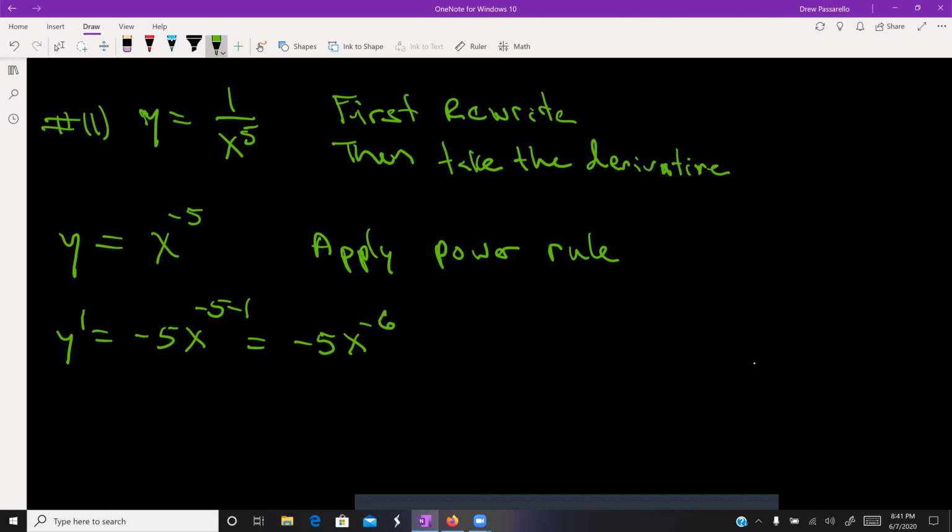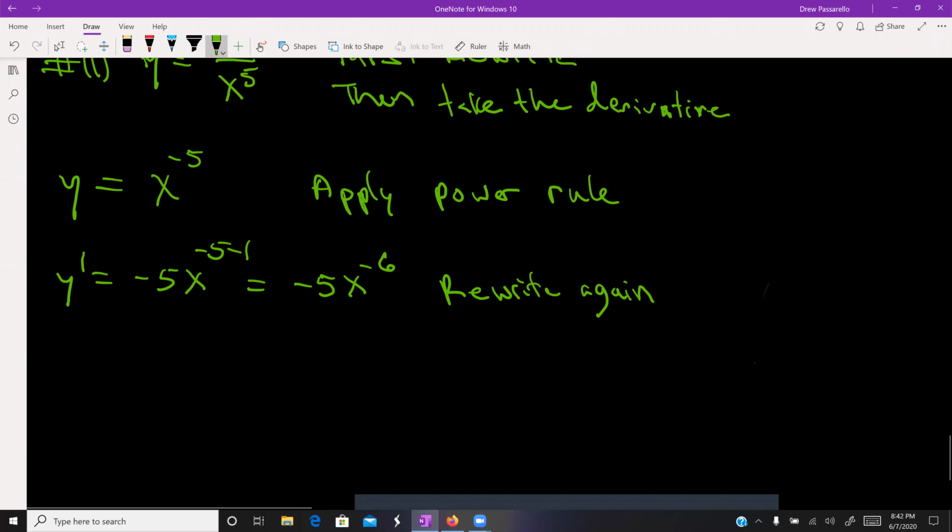And then I rewrite this so it doesn't have a negative exponent. So in this case, I would put the x in the denominator. So y prime is equal to negative 5 up top, and on the bottom you have x to the positive 6. All right, that's how I would do that one.